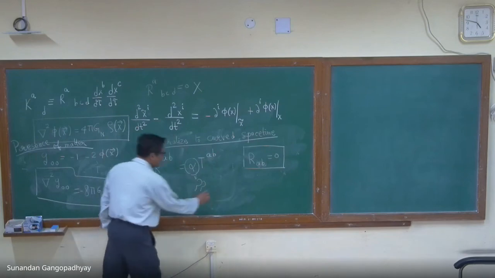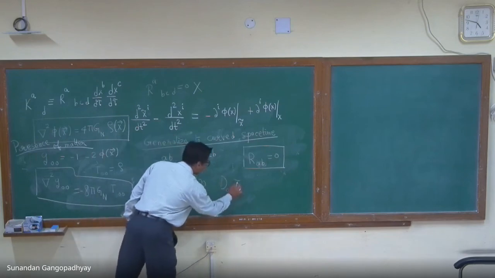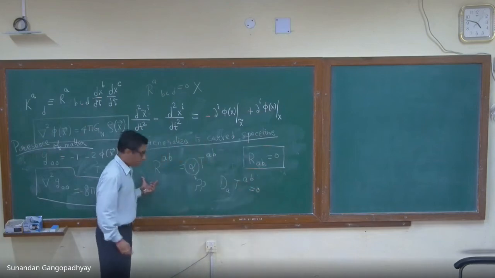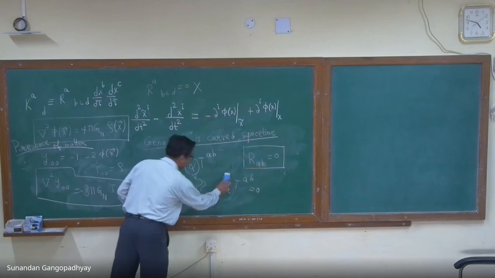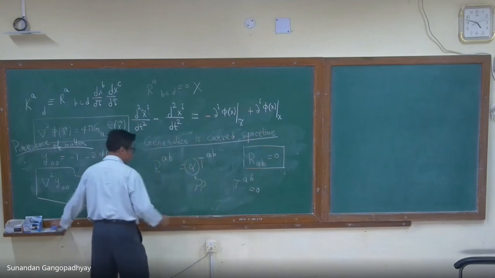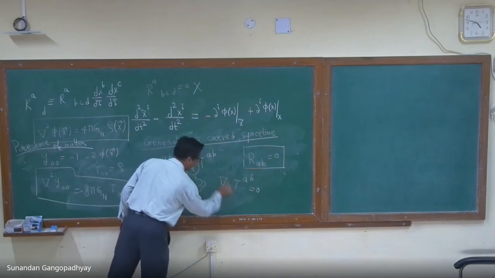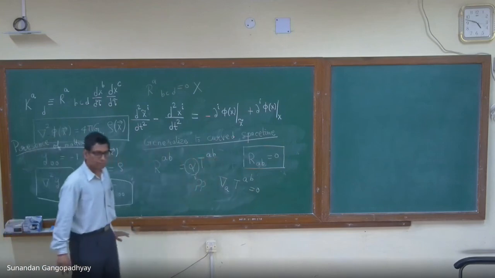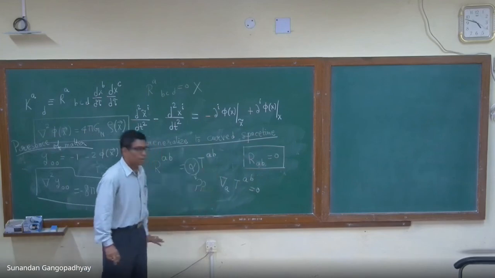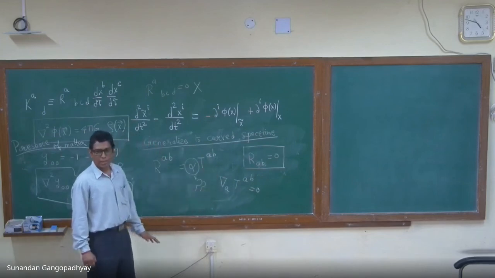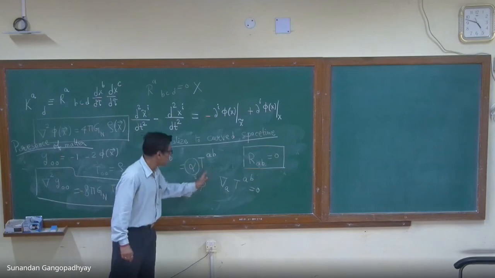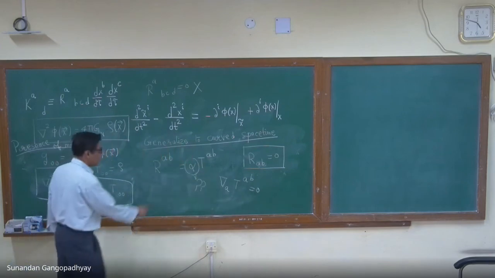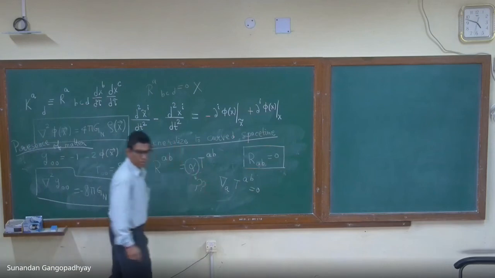Therefore, if you take the covariant derivative of both sides, then by the covariant conservation of the energy momentum tensor, the right hand side should be 0.